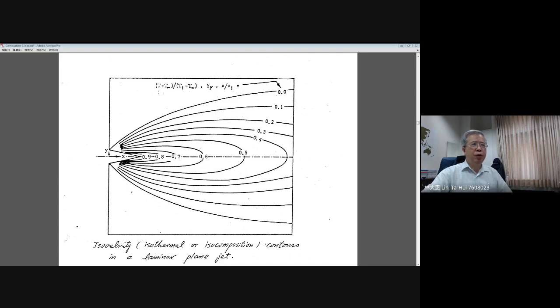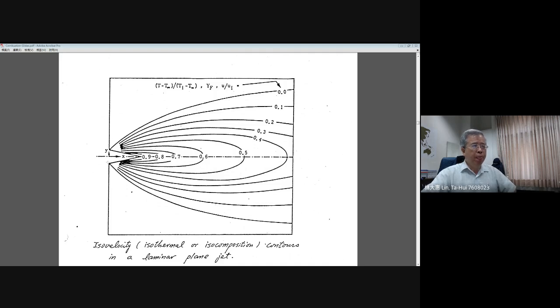For the temperature, you have thermal diffusion, and for the Y_F, you need to consider the mass diffusion, and for U divided by U_i, you have momentum diffusion. When you assume those numbers, I hope you remember the Schmidt number, Prandtl number, Lewis number. If they are the same, then you can conclude the same result like this.